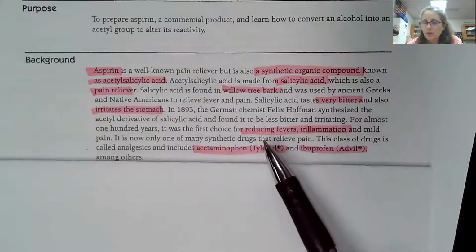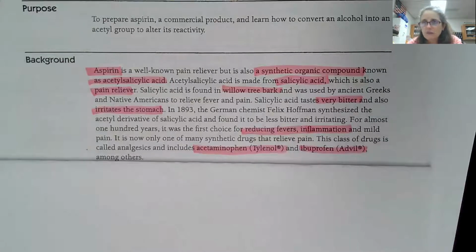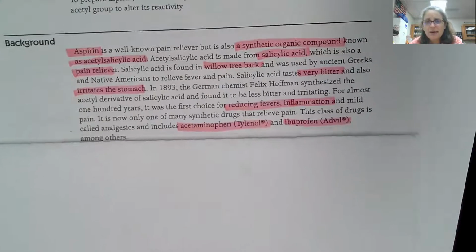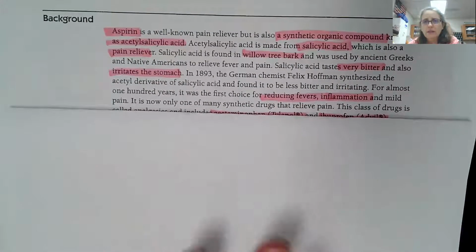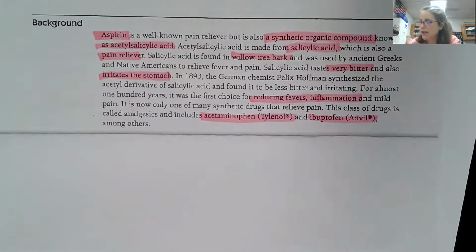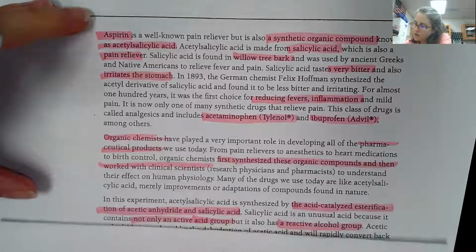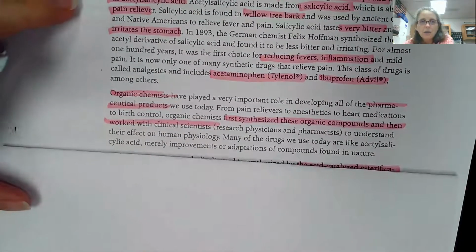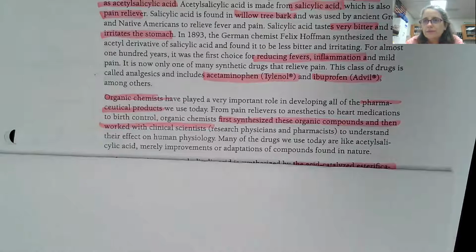So for a long time, it has been used to reduce fevers, inflammation, and mild pain. But we now have other drugs out there that we can purchase, like acetaminophen, which is your Tylenol, ibuprofen, which is Advil, and Aleve is another one that we have out there as well. So organic chemists are the ones that are in pharmaceutical production.